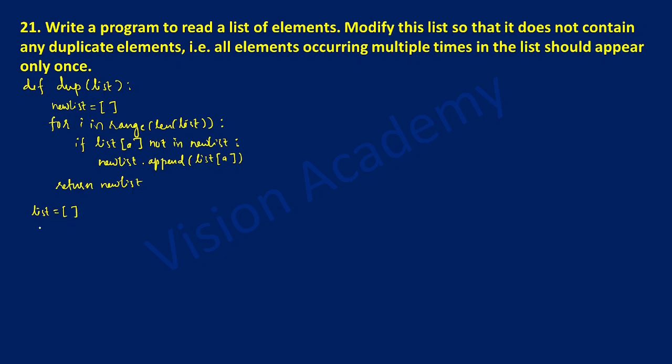Now I'll use the variable called n is equal to, and it is of type integer, and inside the input statement I'm going to ask the user to enter the elements. How many elements?